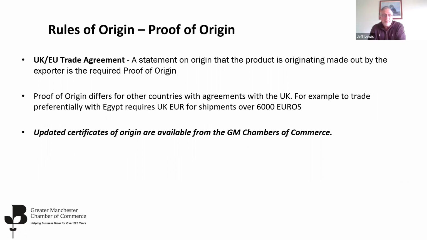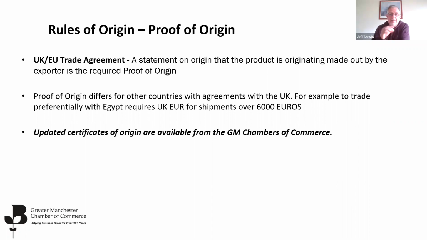So, as I said before, then we have to provide proof. We have to provide proof to customs that our products meet the rules of origin, and that does depend on the trade agreement. In terms of the UK-EU trade agreement, that is purely a statement of origin.